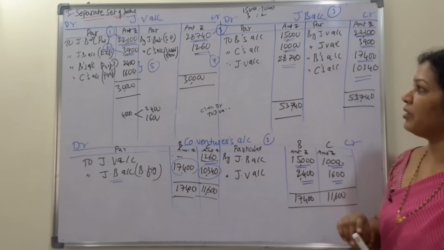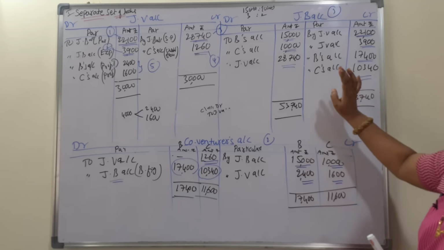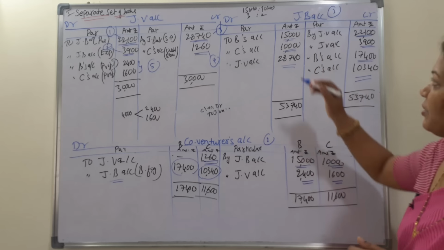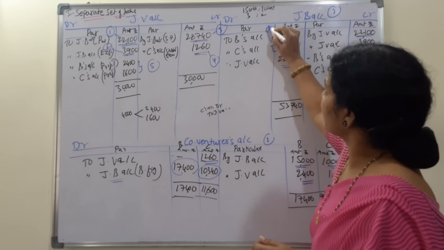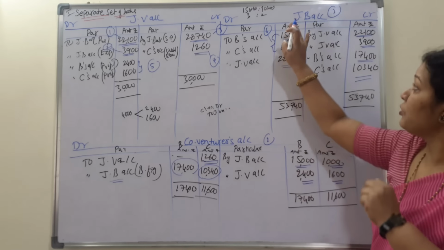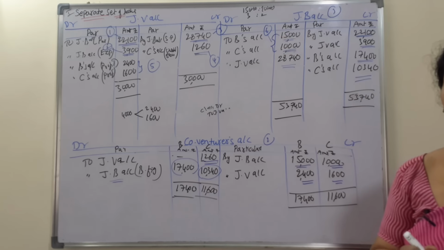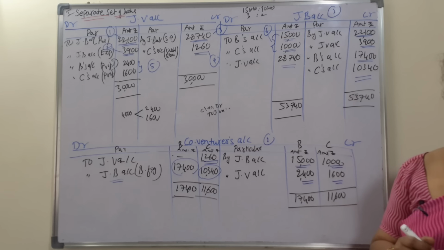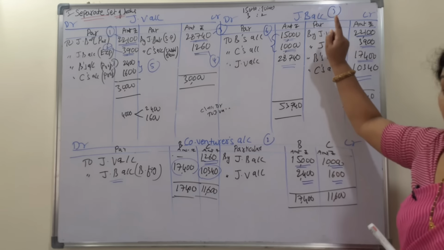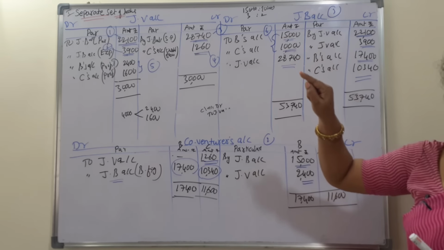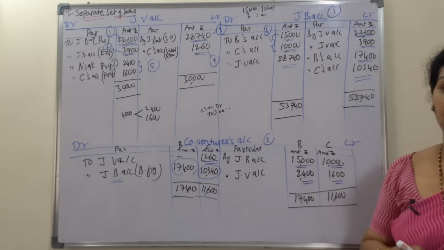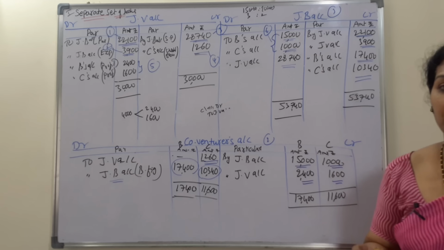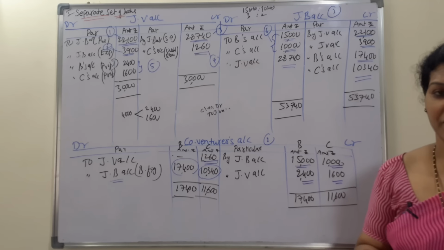Next, come to the joint bank account. Together one entry, this is the 6th entry. Joint bank account debit to B's account, C's account. Joint bank account 25,000 to B's account 15,000, to C's account 10,000, being amount deposited into the bank.